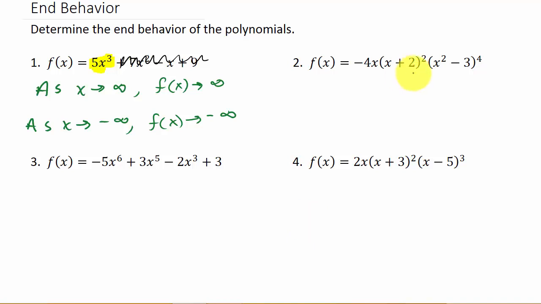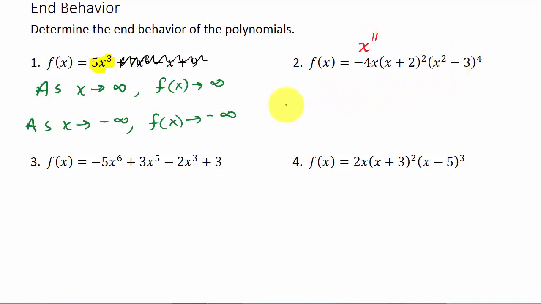Okay, now let's look at this one. What's the largest exponent here? The largest exponent here is going to be x to the 11th. Let me show you how I get that.